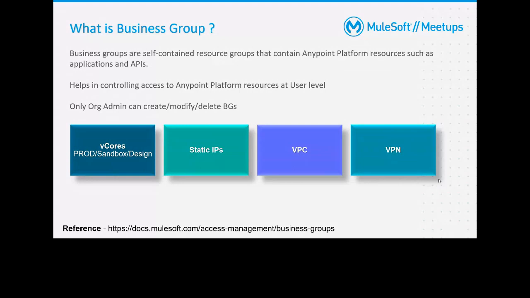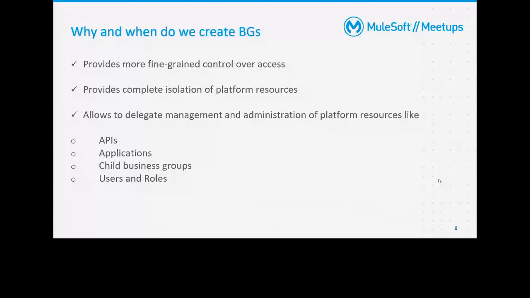As I mentioned, it's fine-grained control over access. You can limit the access at each individual team level or group level, and complete isolation of platform resources. When I say complete isolation, you can allocate a VPC, VPN, how many VPCs are required for this particular business group, how many VPNs, how many static IPs they need.